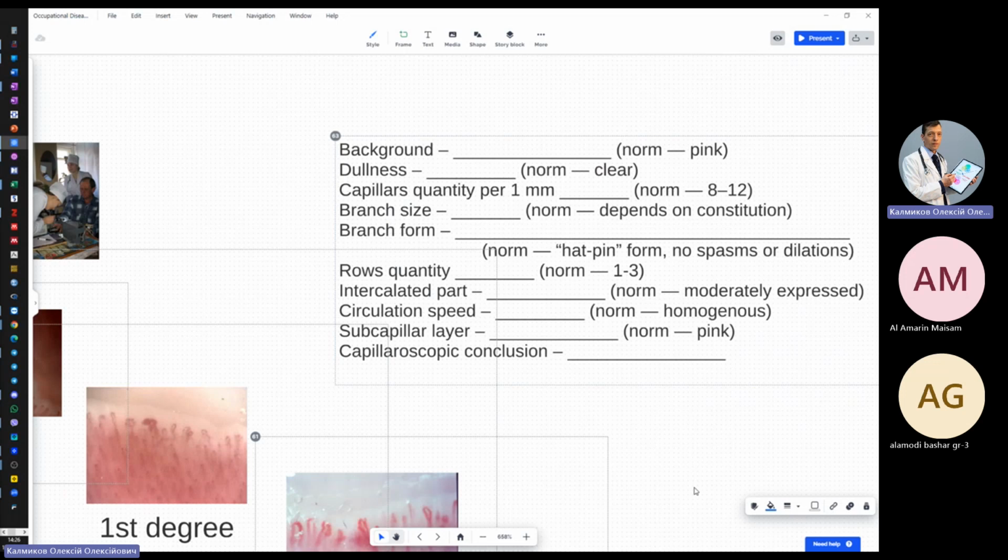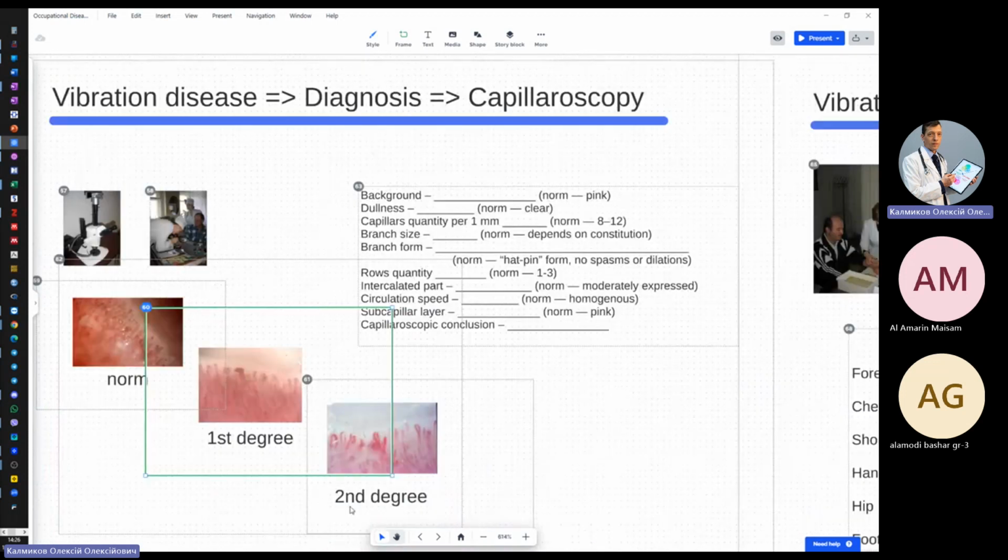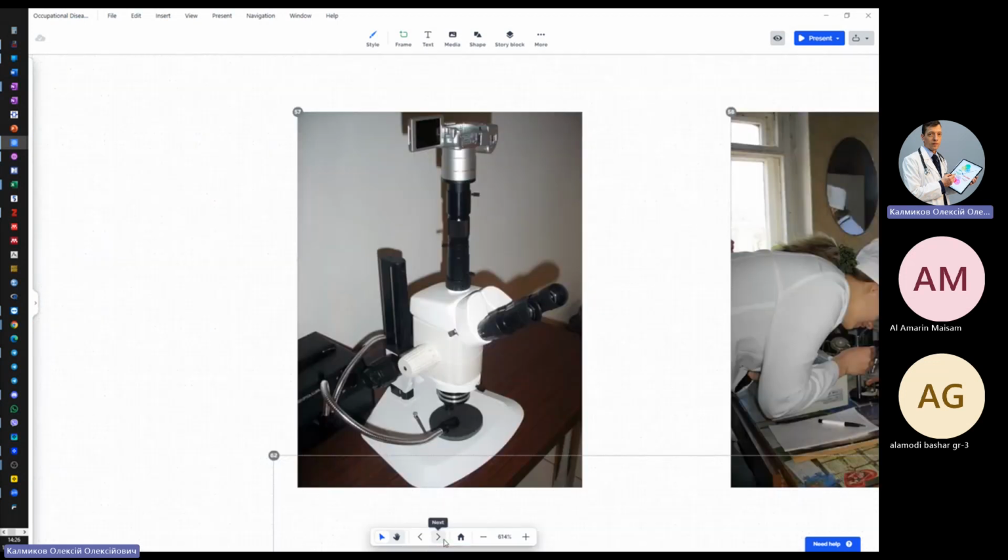I'd like to highlight maybe 3 for you, even 2, but 3 would be enough, definitely. It's the color of background, the quantity of capillaries per square millimeter, and the condition, the state of capillaries. It would be enough.